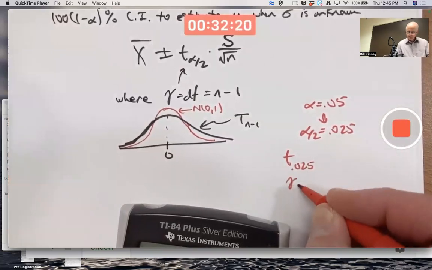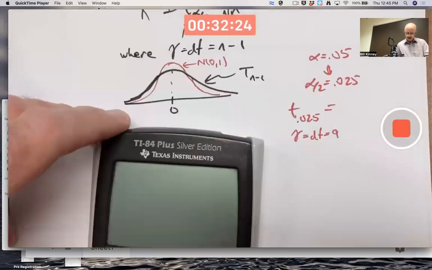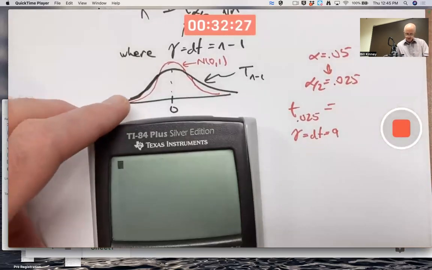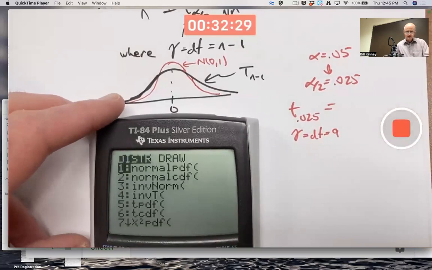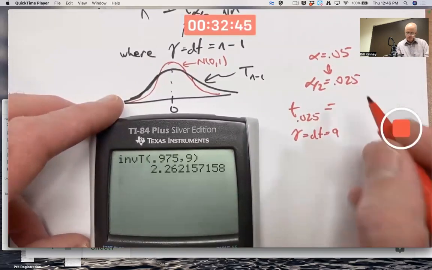So if we use degrees of freedom to be 9, what will we get here? Need inv t. And area 0.975, degrees of freedom is 9. Should be a bit bigger than 1.96. 2.262.